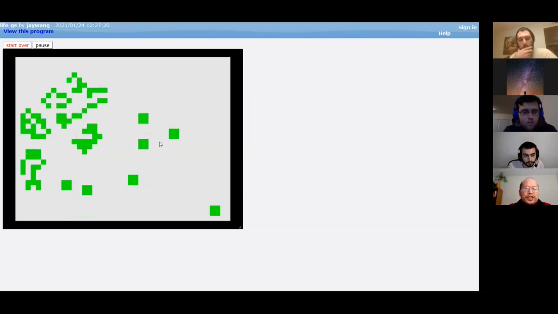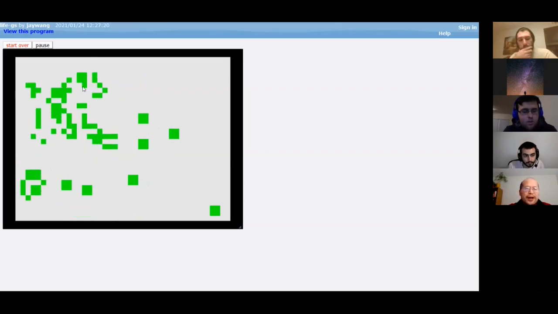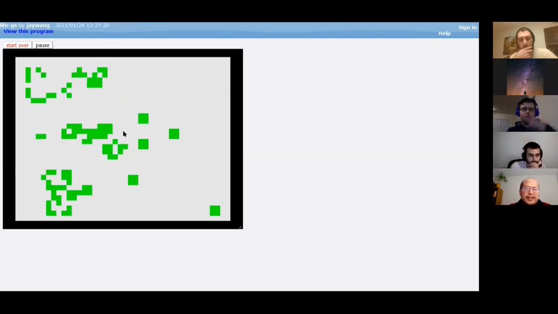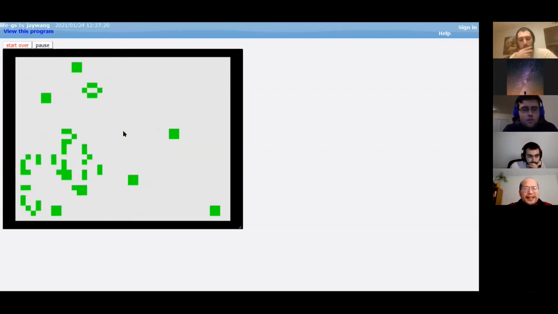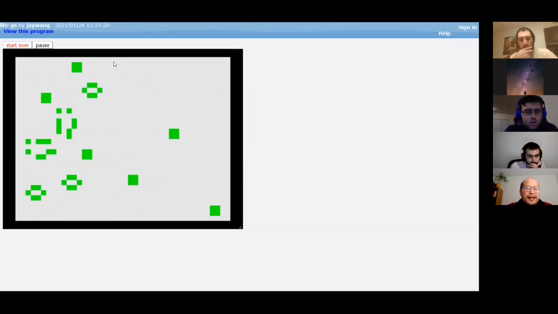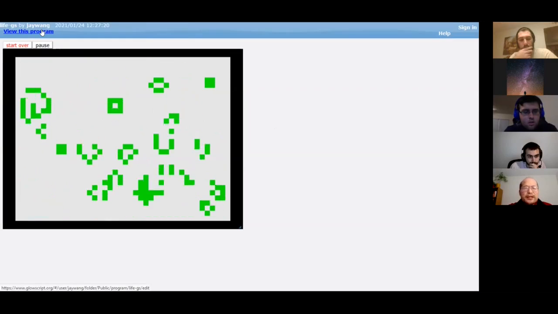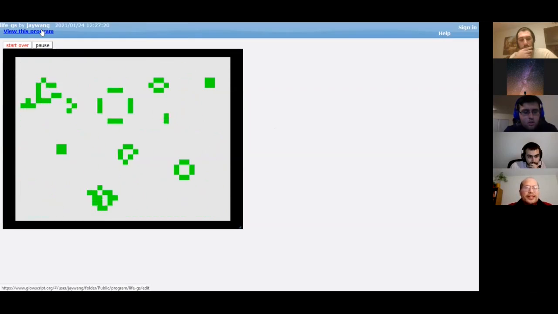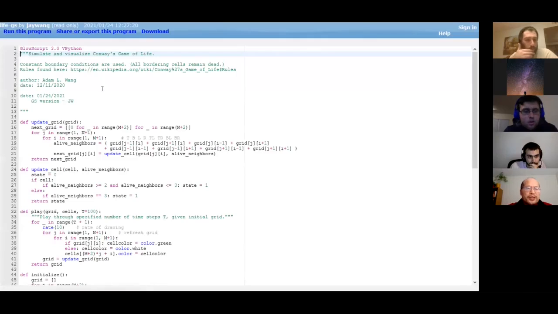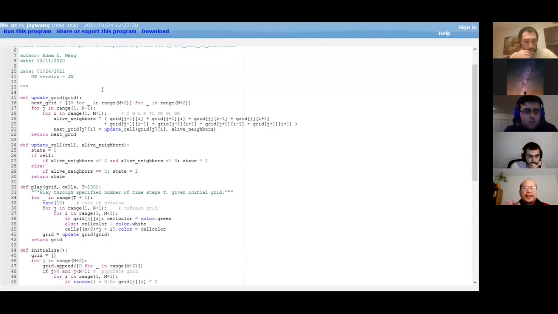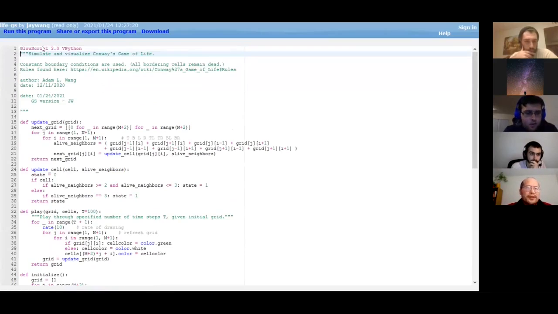You put in some rules for how a neighbor may survive or may die, and the simple rules can in fact produce very complicated patterns. So you can analyze this in terms of thermodynamic systems. The beauty of this is that you can actually click on this program, see how the sausage is made, and copy it and play with it on your own time.